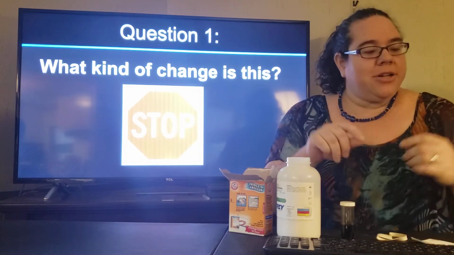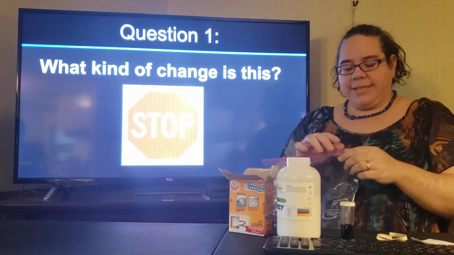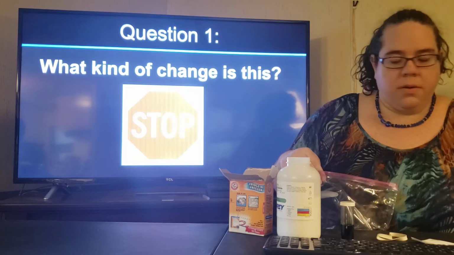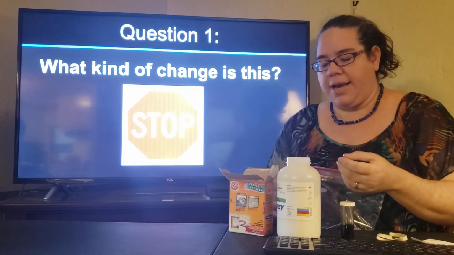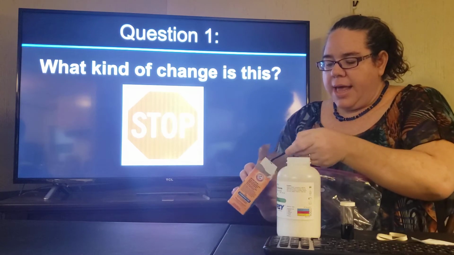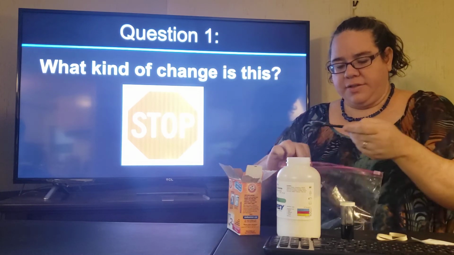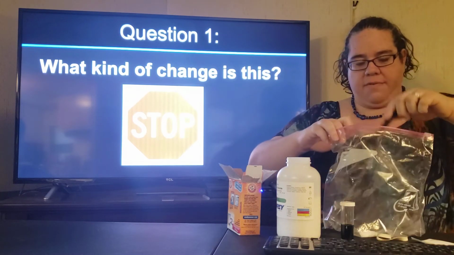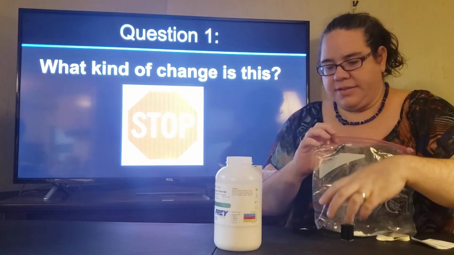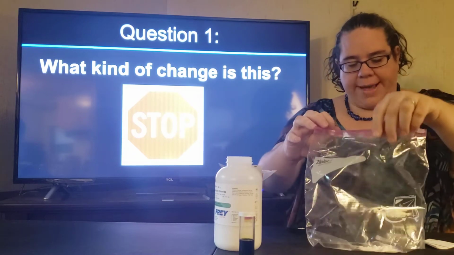So here's my question. I'm going to take my calcium chloride and my baking soda, and I'm going to combine them together in my Ziploc bag. So I have 1 teaspoon. I'm following my list of materials here. I'm going to move this out of the way.